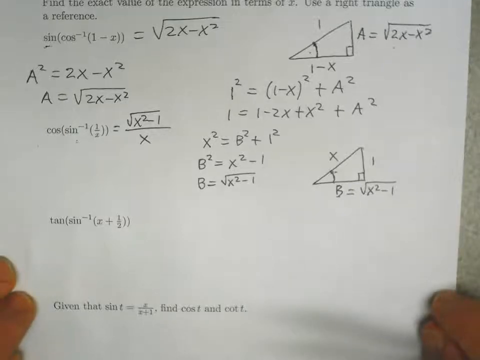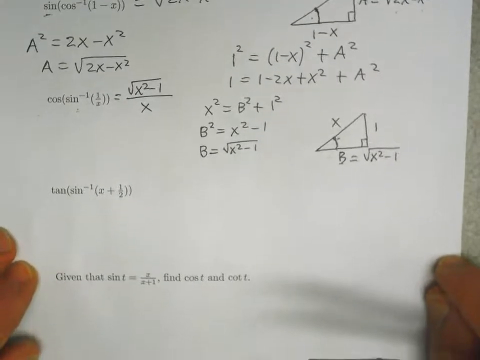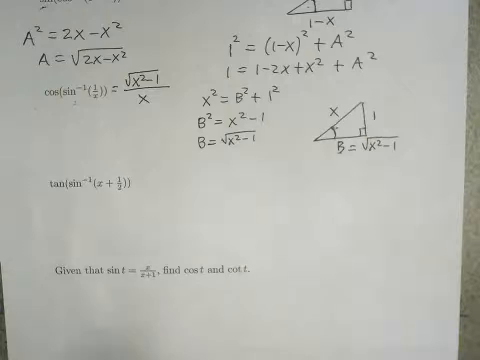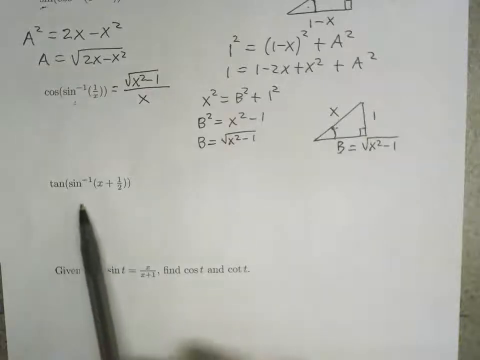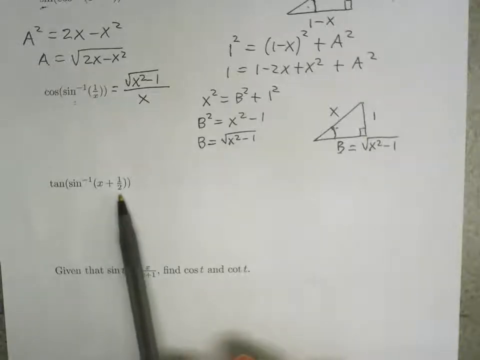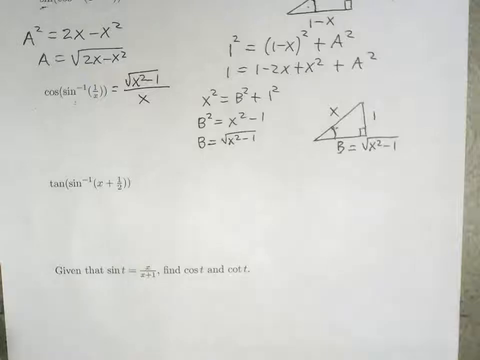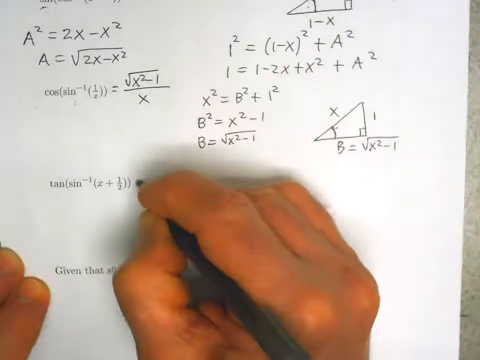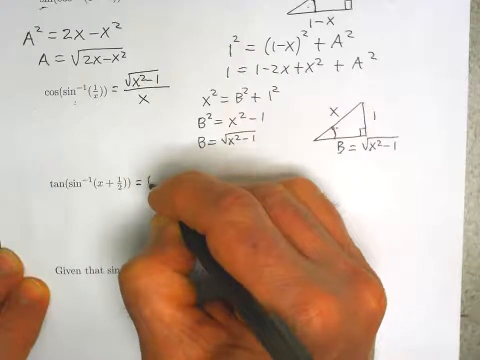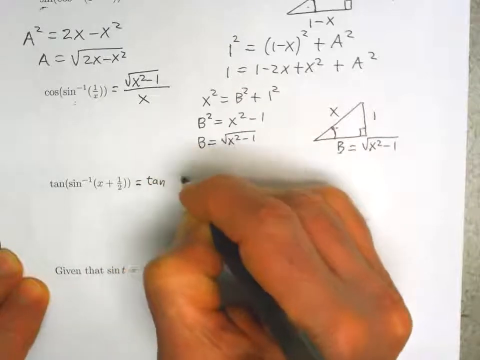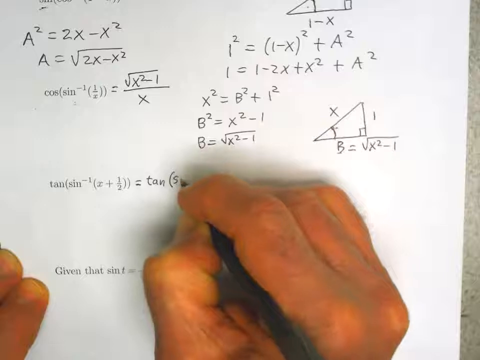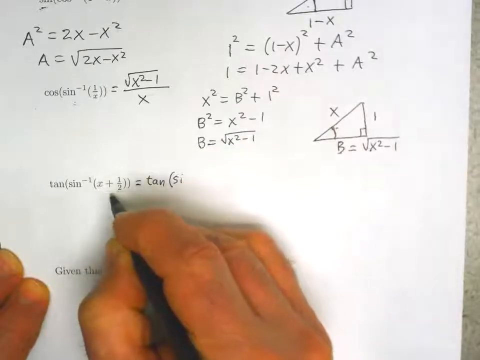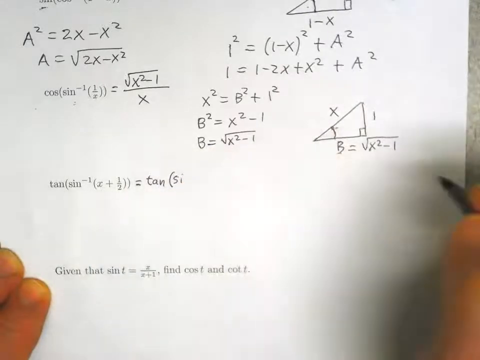Okay, the next one, find the tangent of the inverse sine of x plus 1/2. Well, I think it's not required, but I think it makes it easier if we simplify the argument of inverse sine.